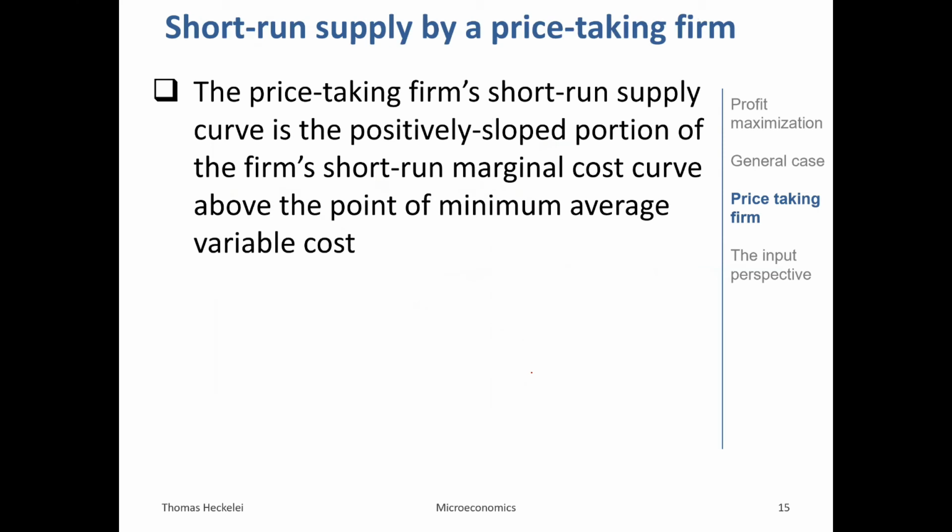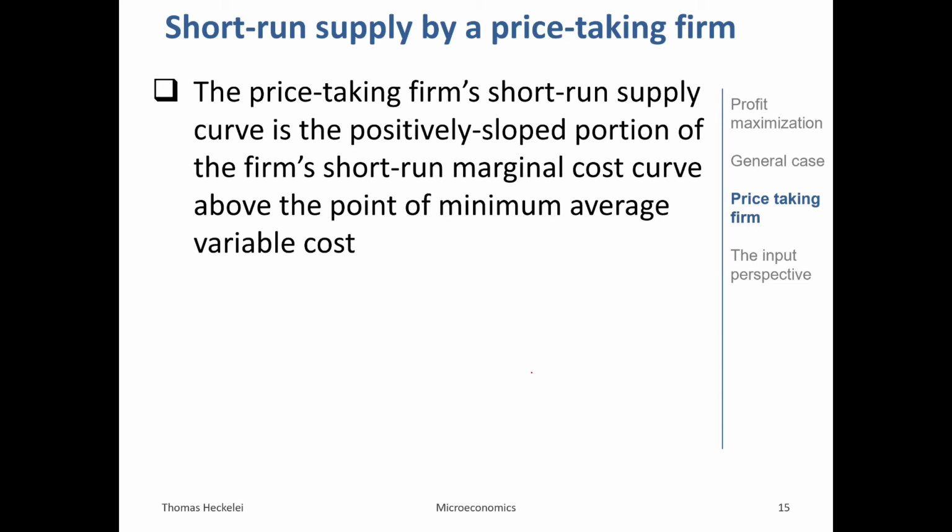Let's talk about a supply curve. If we think simply about a supply curve, it should show how much a firm is willing to sell or to produce at each level of market price, right? That is what we learn about supply.